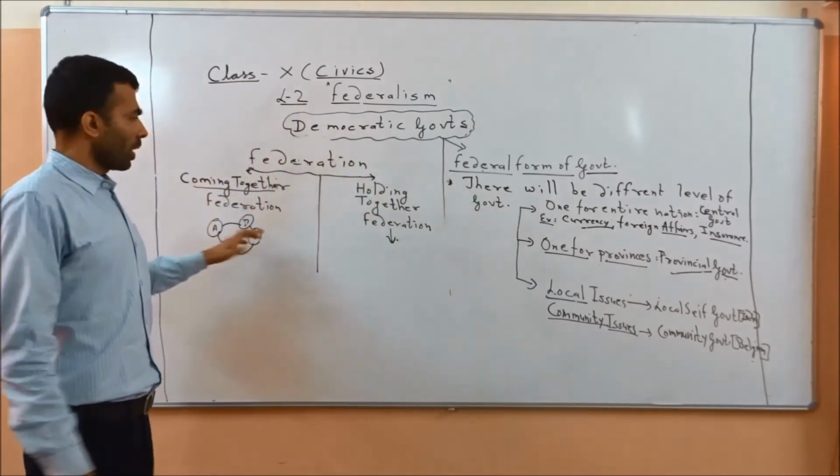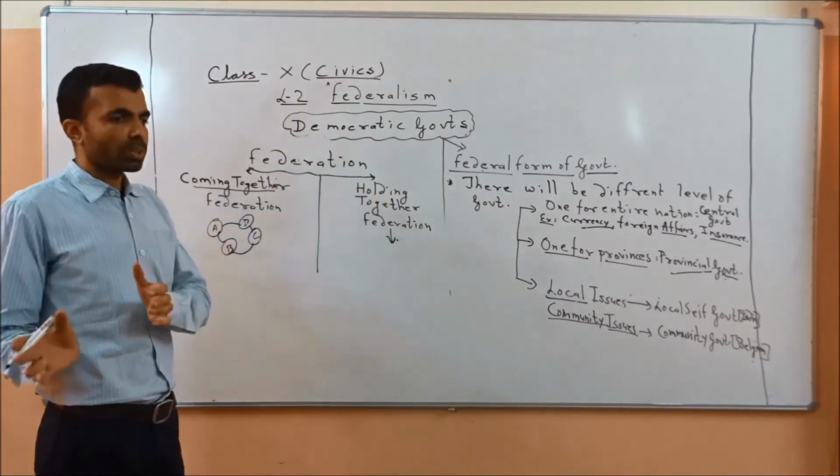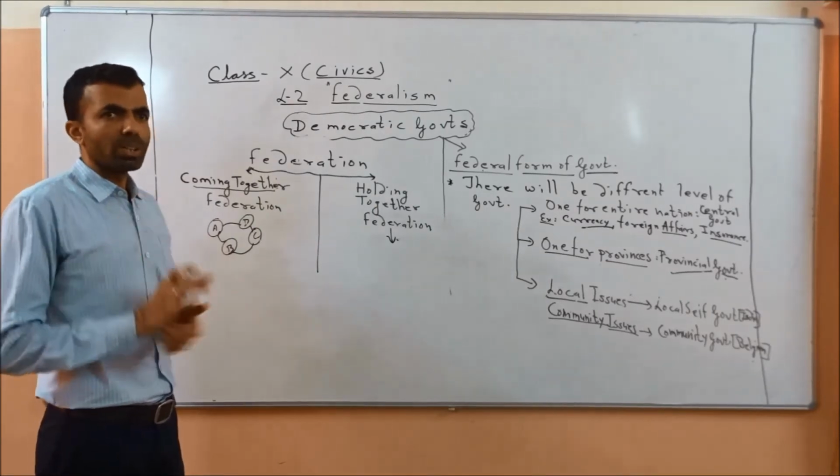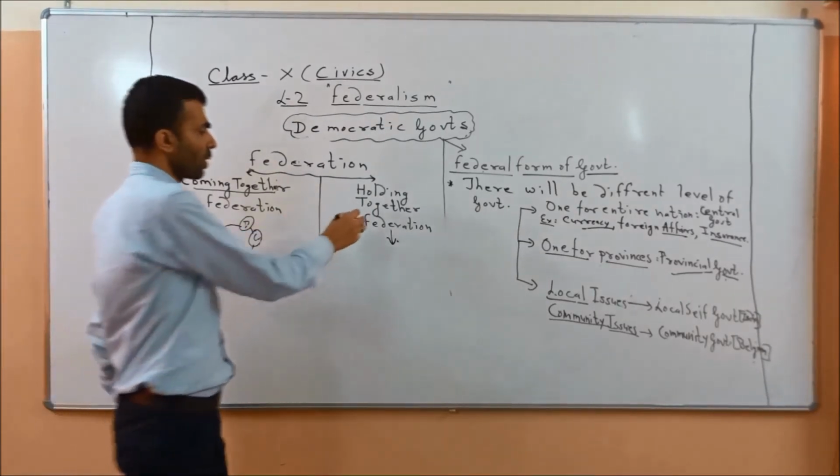Children, in coming together federation, we saw that smaller states leave their sovereignty and form a stronger nation. In this type of federation, what happens?